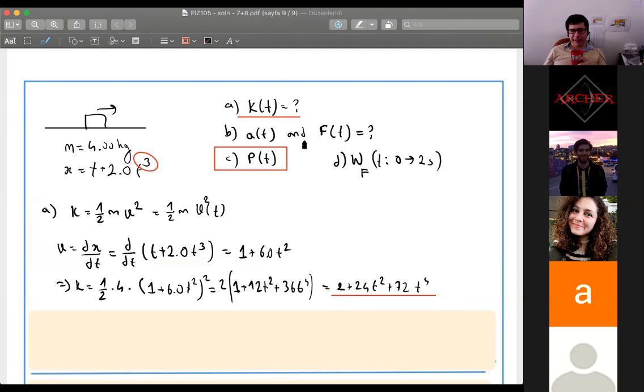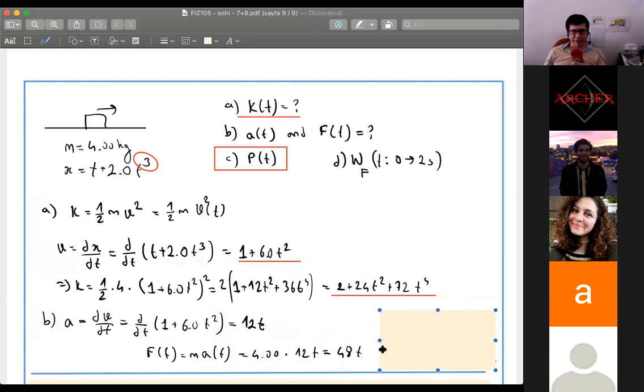Part B, find the acceleration and the acting force. To find the acceleration, we will differentiate velocity, speed, with respect to time. Then this will cancel, 0. This will be 12t. And if acceleration is 12t, then I multiply it with mass and I will find the force using Newton's second law.